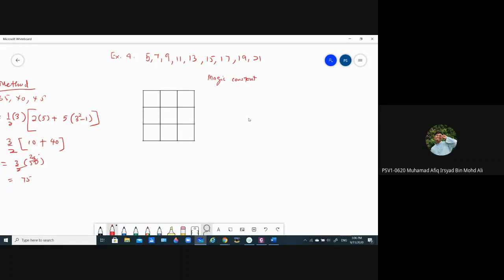Yes, 39, because we are only using 9 numbers here, so your order is 3. Your first integer is 5. Your difference here is 2. Plus 2 times 3 squared minus 1. So this will give you 39. So you know that each sum in each row, column and diagonal is 39. Now put in the numbers very fast.